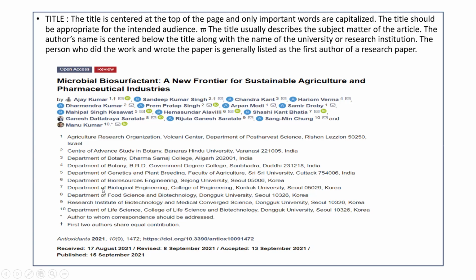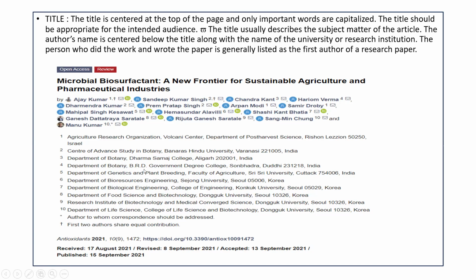So there is always a corresponding author. Whenever there is a corresponding author, there is always a star, or this letter sign, the envelope sign. Here, nearly all authors are marked as corresponding. They have written it like this, but it is generally not the case.